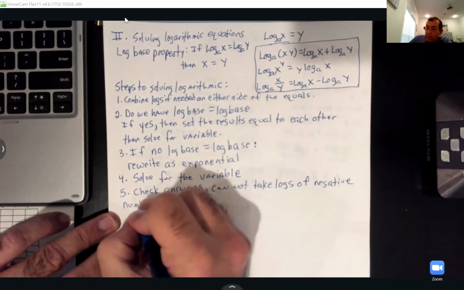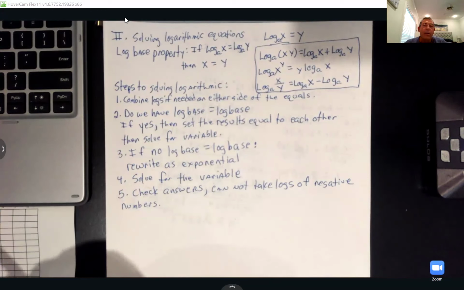You also remember the other day when we tried to take logs of negative numbers, it gave us an error message. So we'll put the solution is not a real number, okay? They give you a choice B on that, but usually on these you'll get a positive answer and a negative answer. So you can only keep the positive answers, because you're going to get two answers on a lot of these.